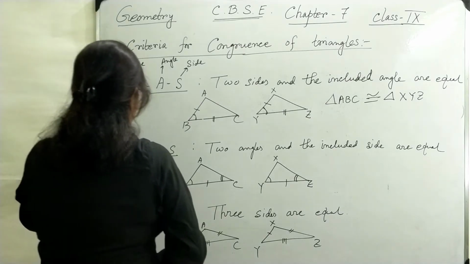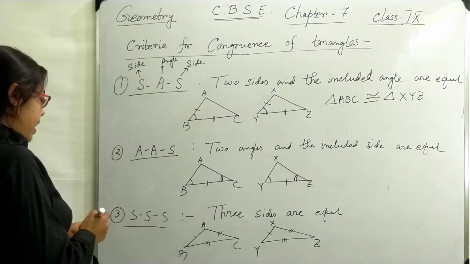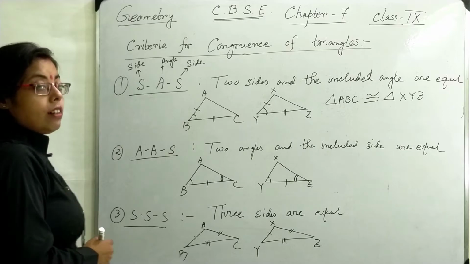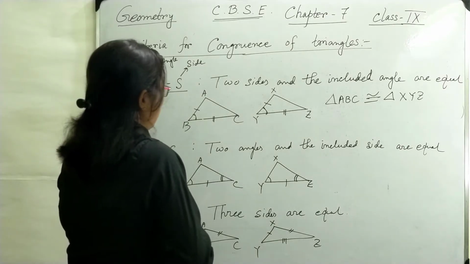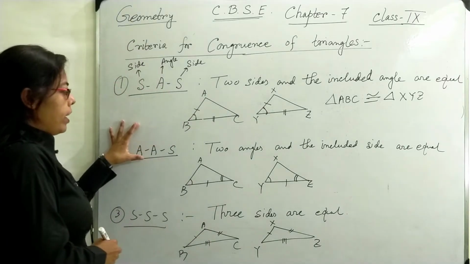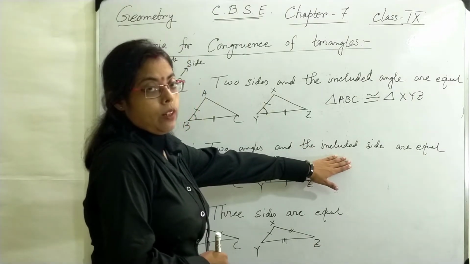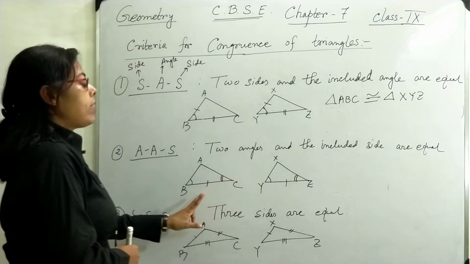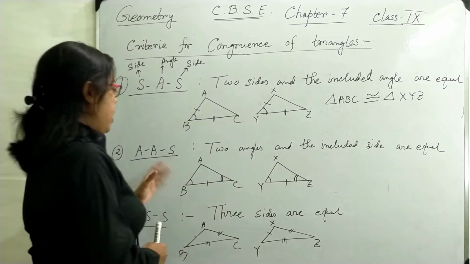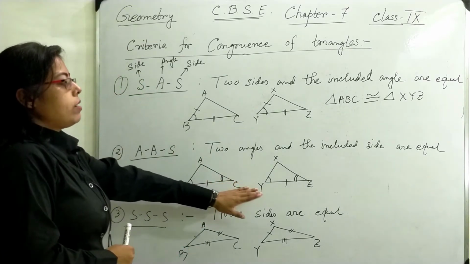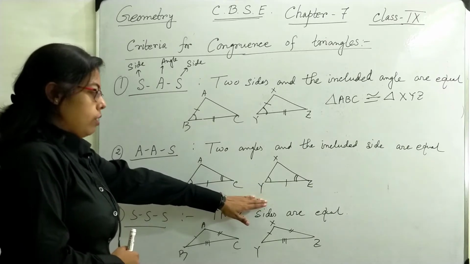Okay, next criterion, that is AAS, the angle angle side property. Same as that, when two angles and the included side of two different triangles are equal, then we can say that both the triangles are congruent to each other.